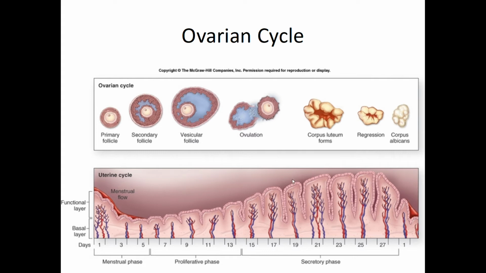So if an embryo implants, the uterus will be ready, and the corpus luteum is there sending out hormones to maintain this. But then the corpus luteum regresses and the corpus albicans starts to decay, and the hormones aren't being sent out anymore. As those hormones go down, we re-enter the menstrual phase.